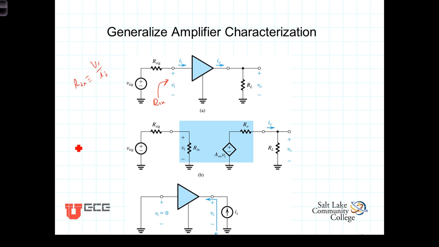It's open circuit voltage gain, A sub V0, which is defined as the ratio of the output voltage to the input voltage when no load is connected. And then finally, an output resistance Rout, that's defined as the ratio of a voltage and current applied to the output when no signal is applied to the input.